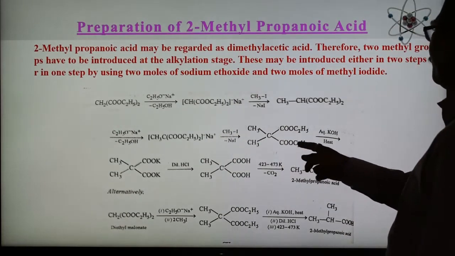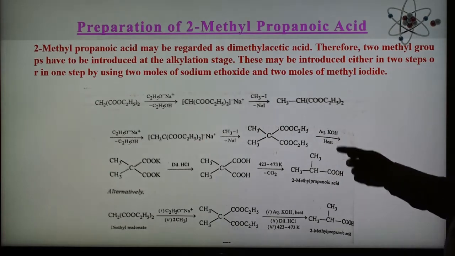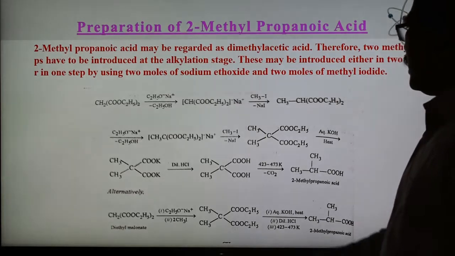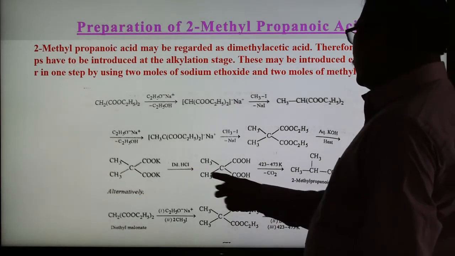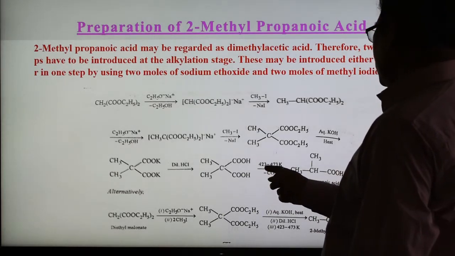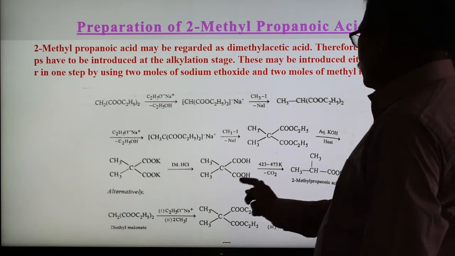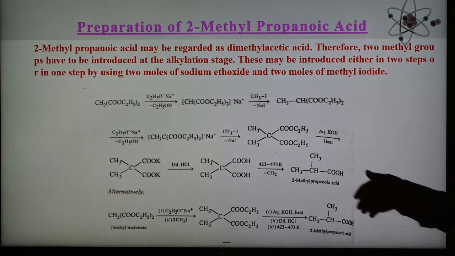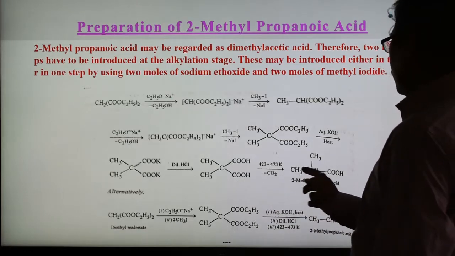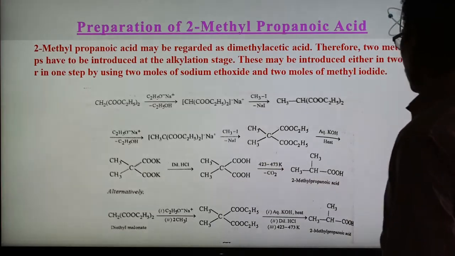We get this compound. After alkylation, it undergoes the reaction with potassium hydroxide, that is the hydrolysis, and here 2 potassiums are present, and then acidification. Then in place of K, hydrogens are here, and at this temperature 2 COOH groups cannot be on the same carbon, so a CO2 molecule is released. Again a CO2 molecule is released, and we get this compound CH3CH(COOH)CH3.